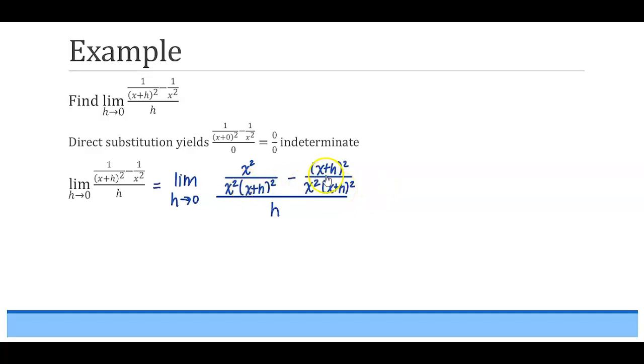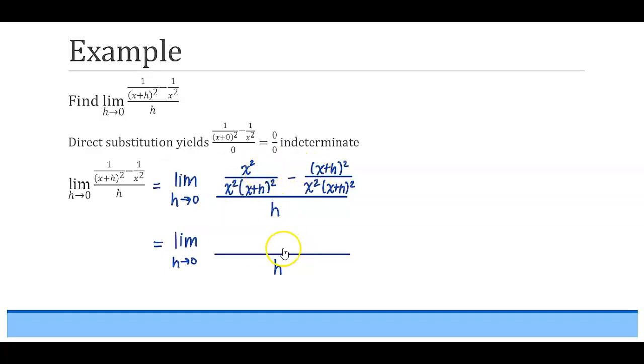And now in the numerator, I have common denominators. So I can go ahead and put those two together. So I have the limit as h approaches 0. I'm going to put a big fraction bar. On the bottom, I'm going to put h.